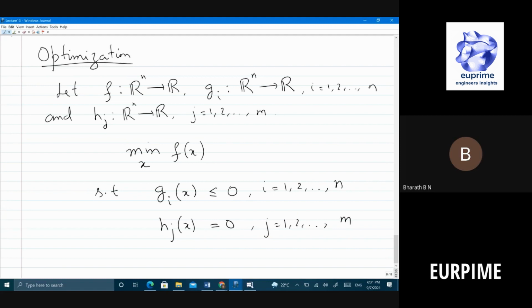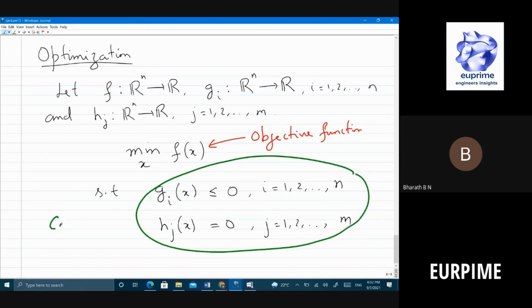This is called the objective function. These are called constraints. This is very general, right?